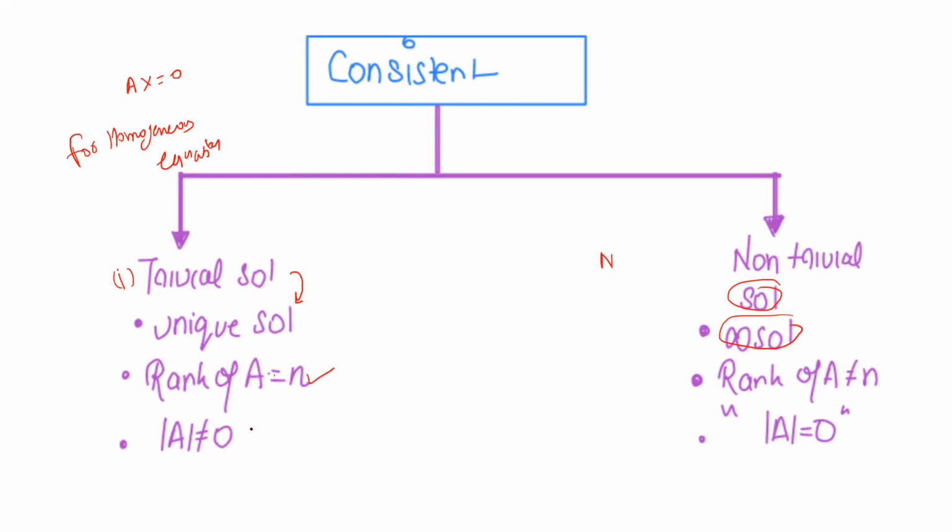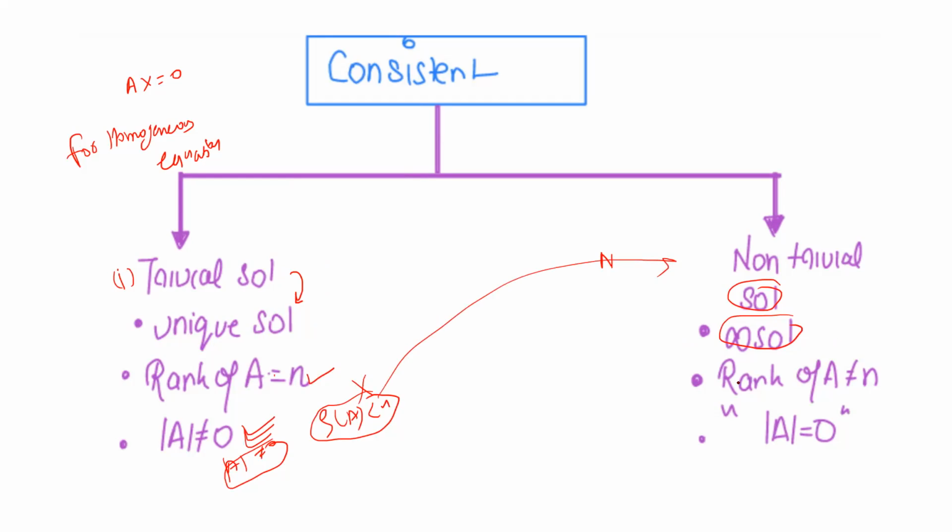So there will be a unique solution. In this case, |A| should not be equal to 0. If |A| is 0, that means the rank of A must be less than n. So a trivial solution is not possible, and this case goes to the non-trivial solution.